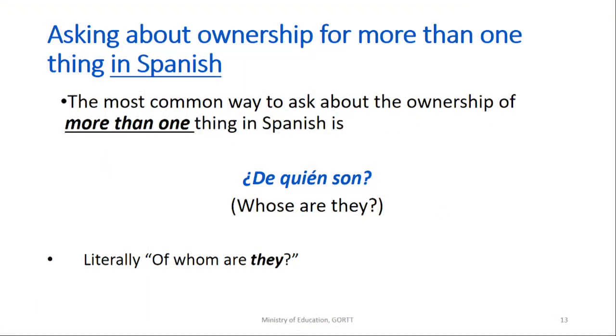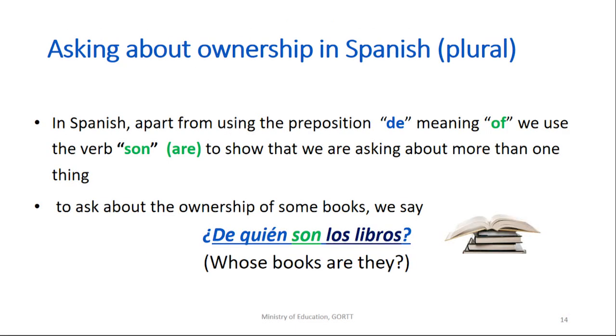The most common way to ask about the ownership of more than one thing in Spanish is de quién son. This means whose are they? Literally, of whom are they? So, also in Spanish, when we are referring to the ownership of more than one thing, we must use the preposition de, also the verb son, which means are, to indicate that we are asking about more than one thing.